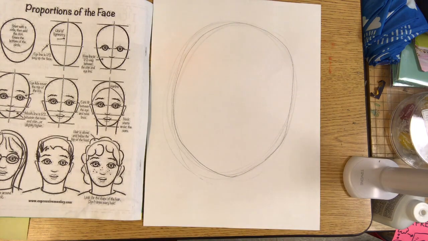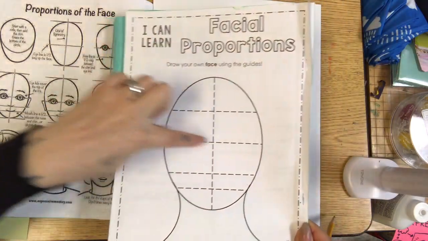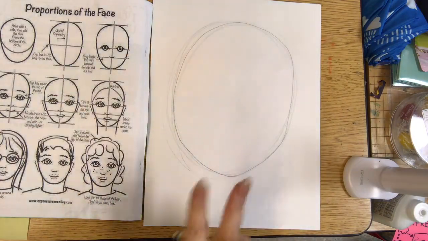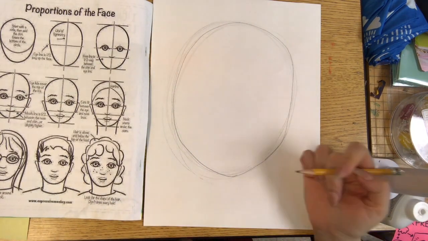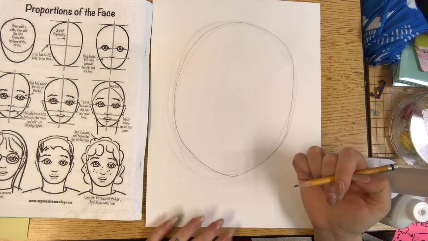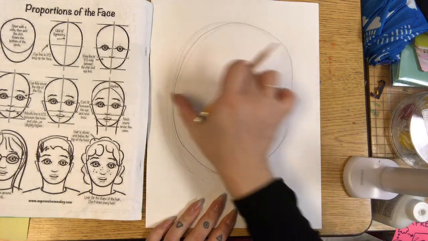And then in our workbook practice, I explained all of these different guidelines. But 1st and 2nd graders, we're just going to draw 2 guidelines. These are part of the project that helps us draw with correct facial proportion, but it's not going to be a part of the final project. The first one we're going to draw is a straight line right down the middle of your face.